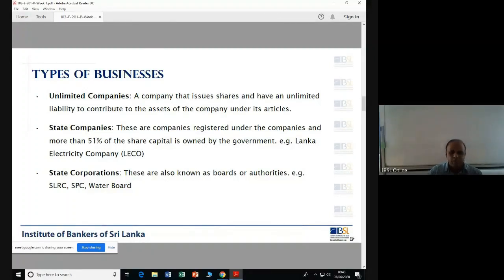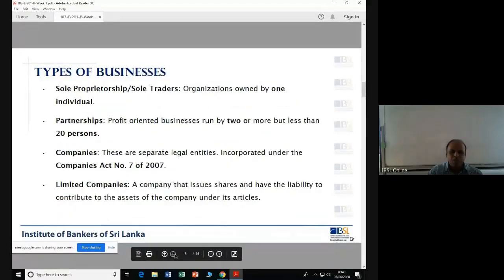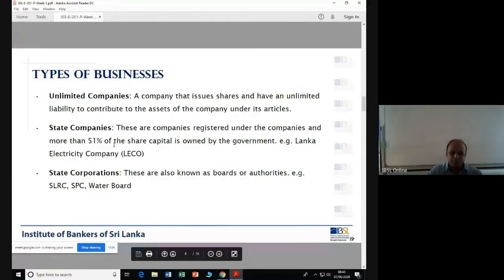Now earlier in one of the slides, I spoke about a term called control. What does it mean, holding this 51%? Out of the 100 shares, if I am holding 51 shares, I have better control because I am holding more than half of the company shares.